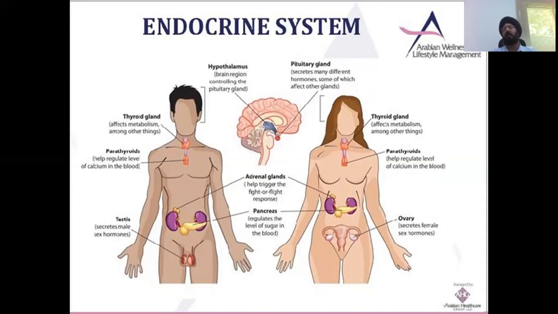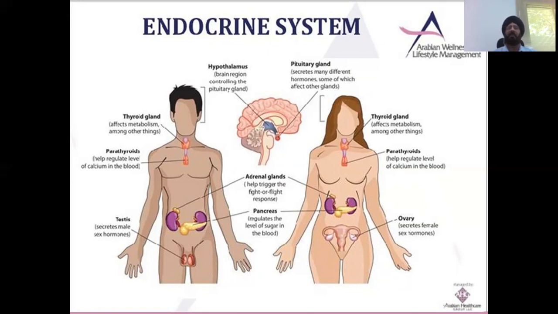Next comes the endocrine system. What is the endocrine system? It is a group of glands which directly or indirectly influence body function by secreting hormones. Major endocrine glands in the human body are the hypothalamus, pituitary, and pineal gland, which are located in the brain.